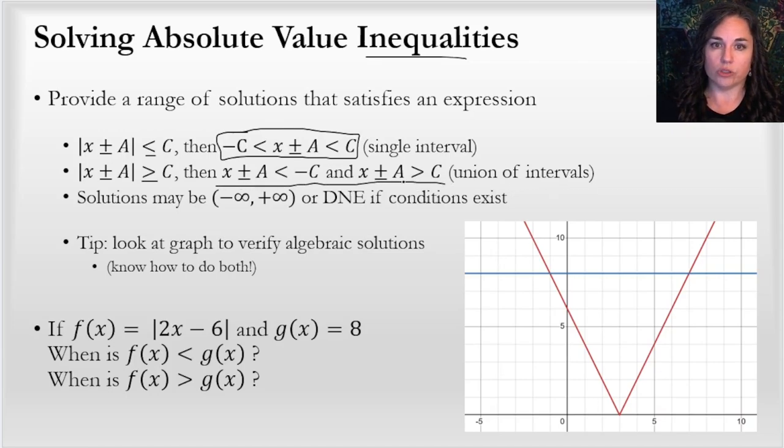And also, you'll get creeped out, but you'll be able to watch out for it, sometimes all values are true or a solution does not exist. So there are 4 different options that you could possibly get when solving absolute value inequalities. So I'm going to run a little bit of a gamut here so you can see a couple of them and know how to recognize them.